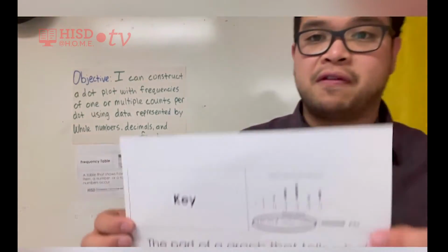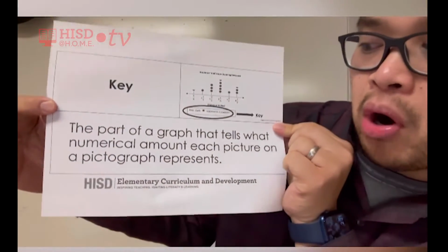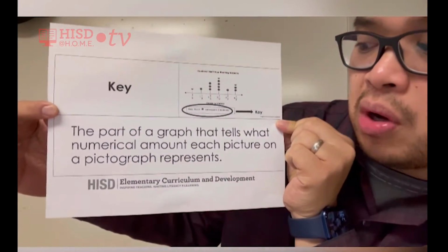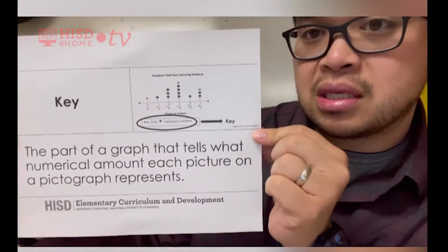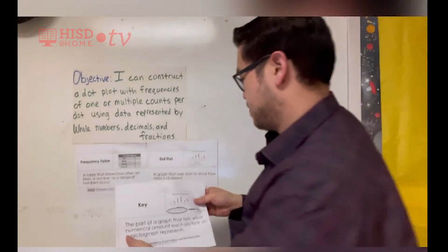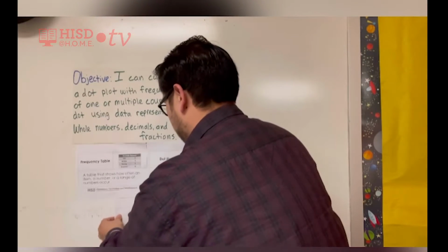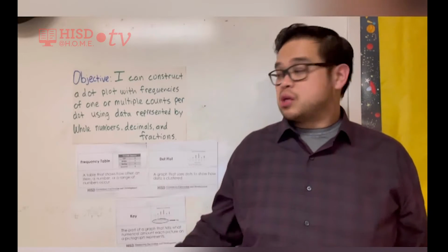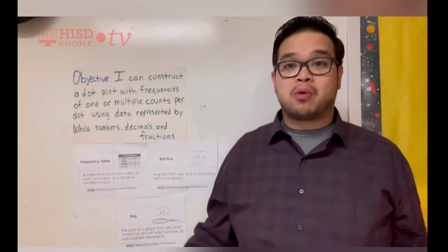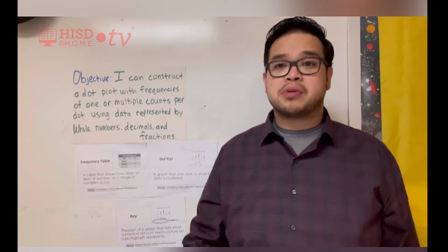And then we have key, the part of a graph that tells what numerical amount each picture on a pictograph represents. If you want, you can pause the video, write down the vocabulary words, and then we're going to jump into our lesson of data.